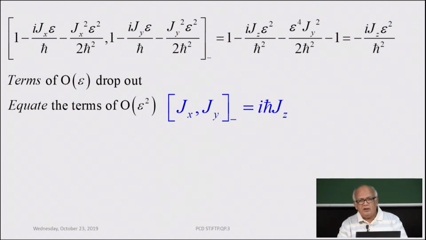Not only that, they are equal to the generator about the third axis scaled by i h cross.